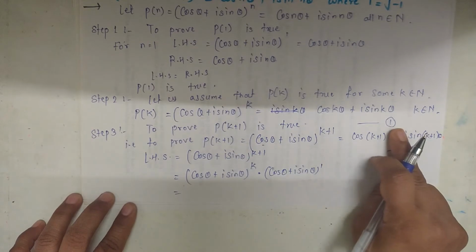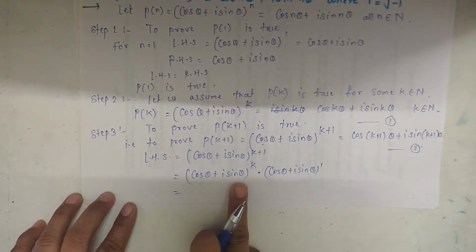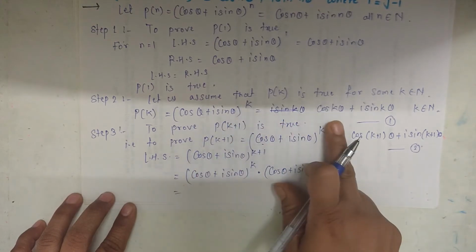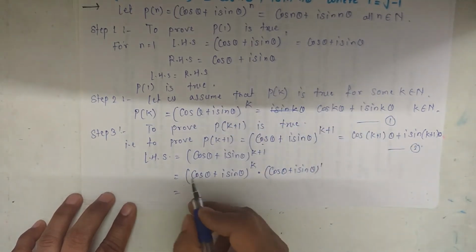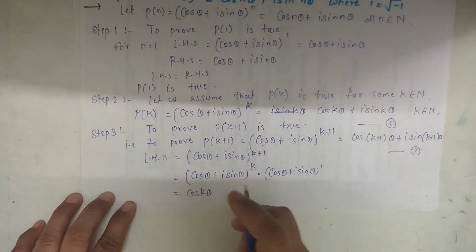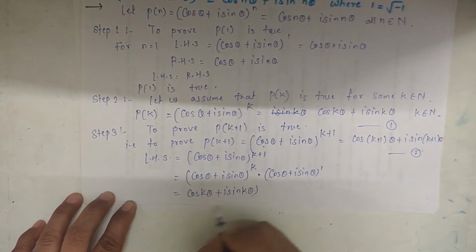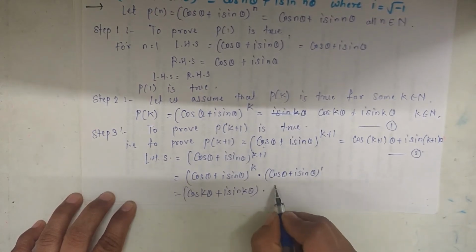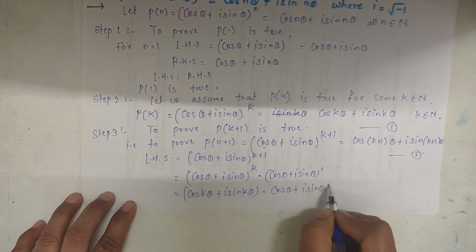Now using equation 1, we know the value of (cos theta + i sin theta)^k is cos k theta + i sin k theta. So substitute this value into the first term, and the second term cos theta + i sin theta as it is.